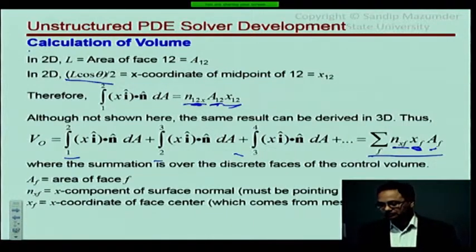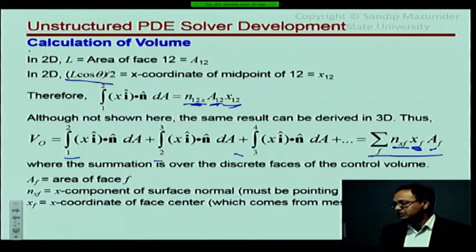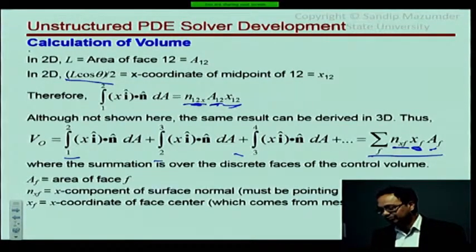Now it turns out that, I kind of went through an example here, but it's pretty easy to show that you can do this integration in general, and this is the result you will always get, whether it's 2D or 3D. Because essentially what we are doing here is calculating the average of a linear function, which is always at the midpoint.